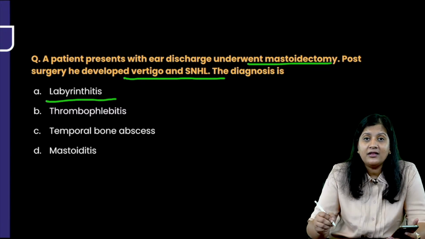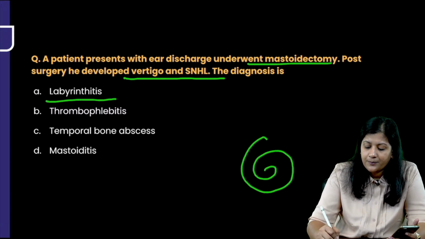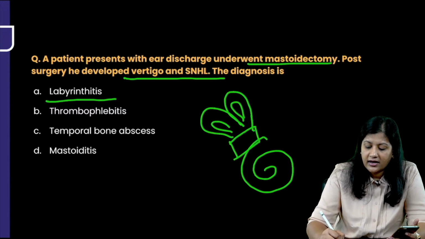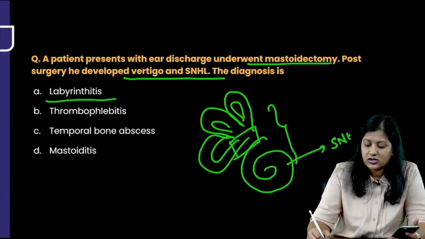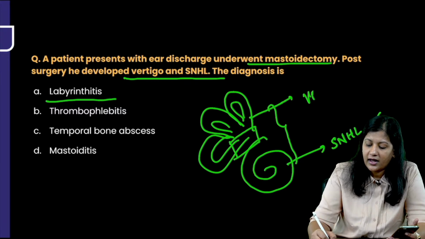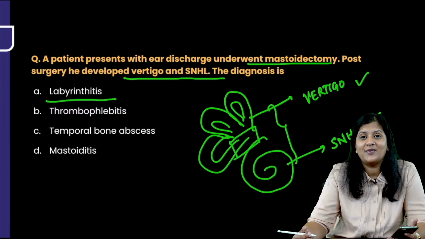So the labyrinth has your cochlea anteriorly, the vestibule in the middle and the semicircular canals posteriorly. So when there is inflammation of the labyrinth, can there be sensory neural hearing loss because of cochlear involvement? Yes. And can there be vertigo because of involvement of semicircular canals? Yes. So both these features can be seen in a patient with labyrinthitis.